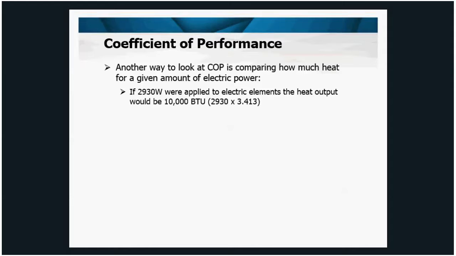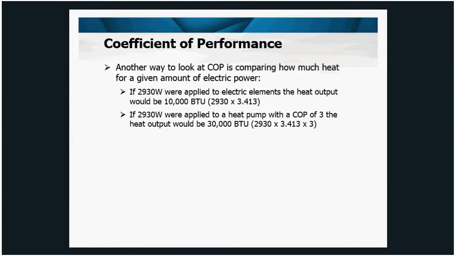Now, if you were to take 2,930 watts and you applied 2,930 watts to electric heating elements, you would take 2,930 times 3.413, and that gives you 10,000 BTUs. However, when we work with a heat pump and COP, we would take the same 2,930 watts, and if we applied that power to a heat pump with a coefficient of performance of 3, the heat output would be 30,000 BTUs.